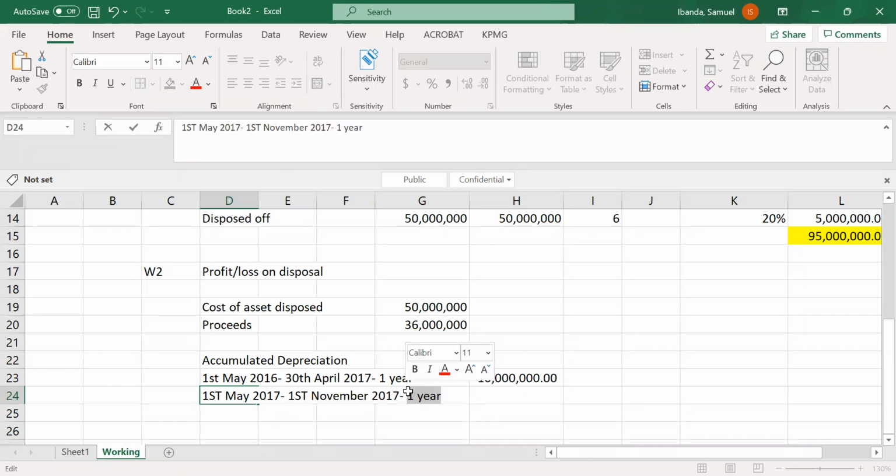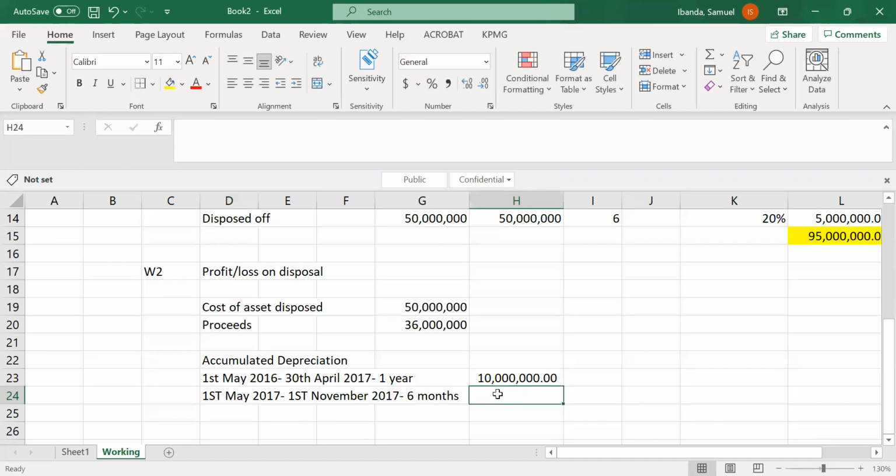These were 6 months. Since our depreciation is straight line, because that's what they have told us, depreciation is on cost.